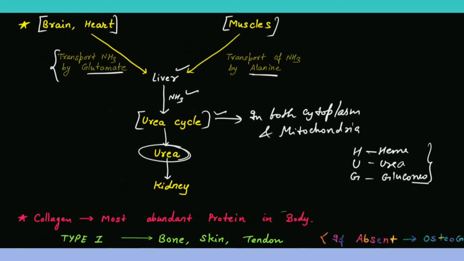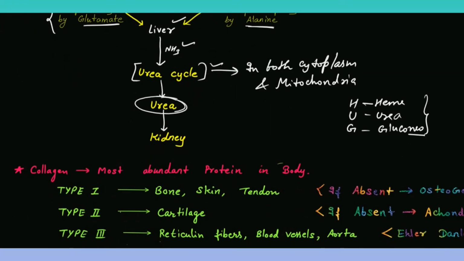Now the urea is produced in the liver by the urea cycle, but excreting it takes a lot of water, so it goes to the kidney and is excreted. Ammonia detoxification needs loads of water to excrete these materials.